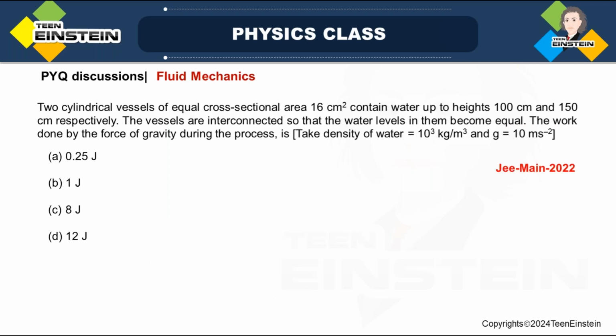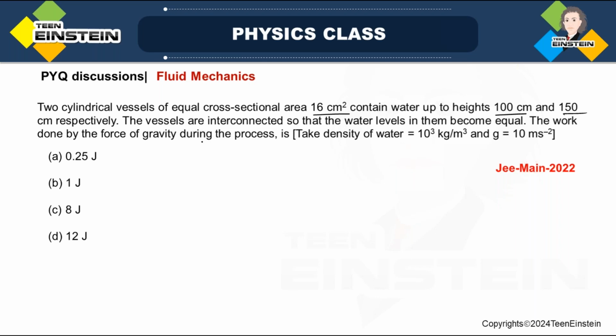This is a very interesting problem. The question says two cylindrical vessels of equal cross-sectional area 16 centimeter square contain water up to the heights 100 centimeter and 150 centimeter respectively.